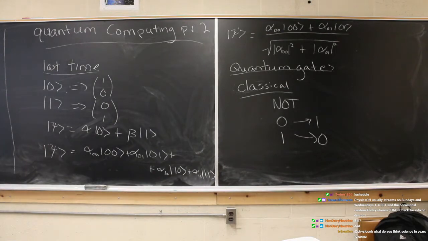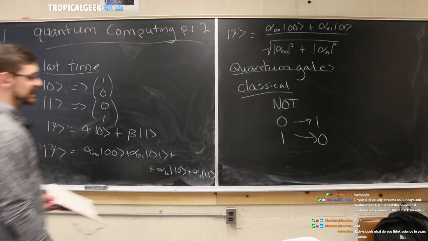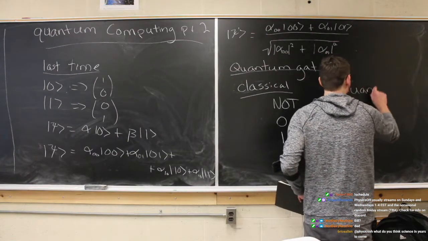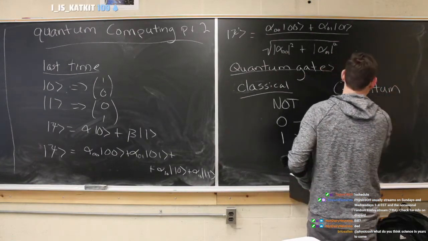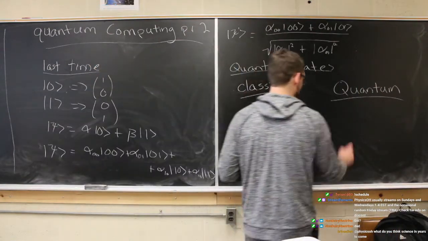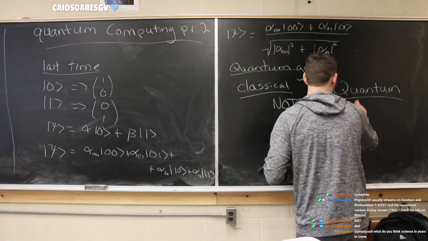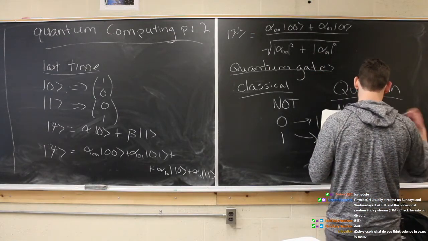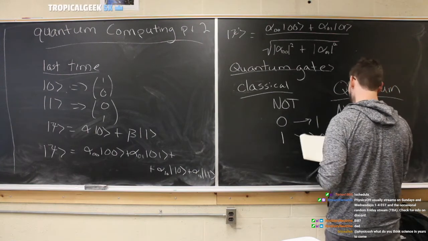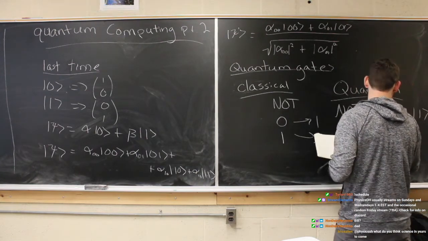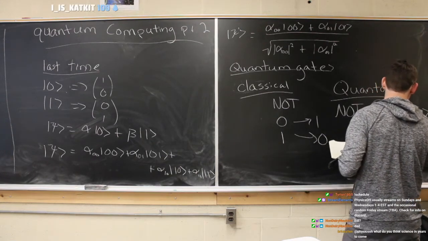It's not too hard to imagine that there's a quantum version of the NOT gate, and it has a very similar property. If you have a 0 qubit, it turns it into a 1 qubit, and if you have a 1 qubit, it turns it into a 0 qubit.